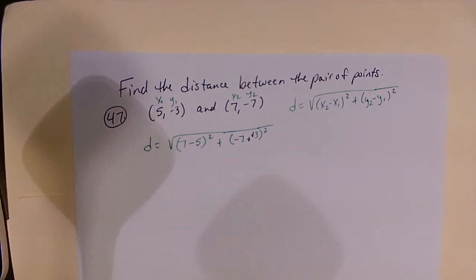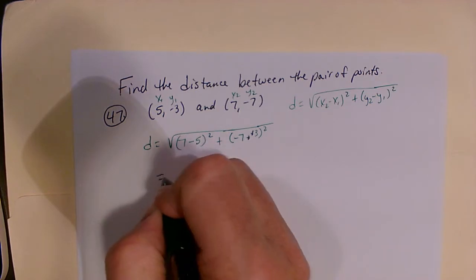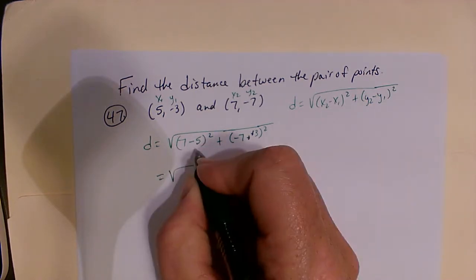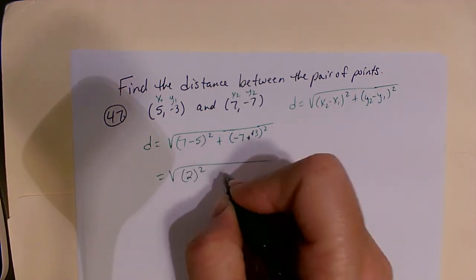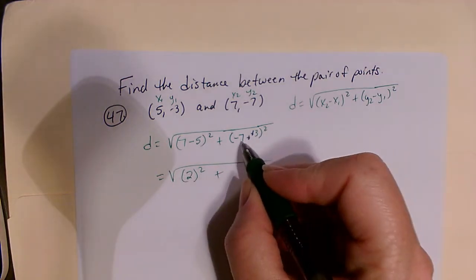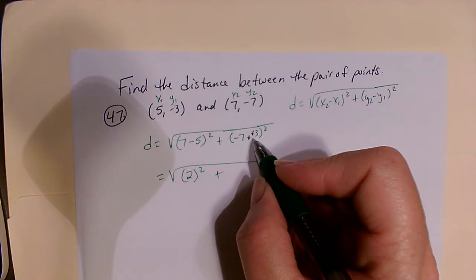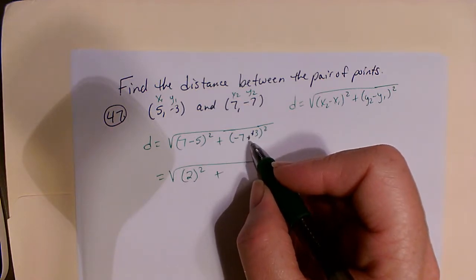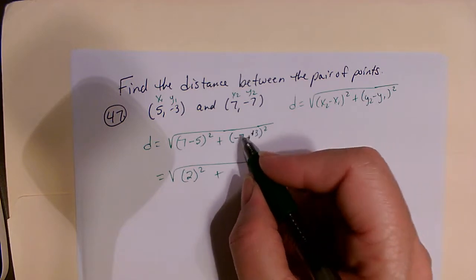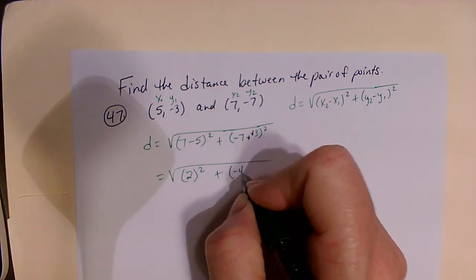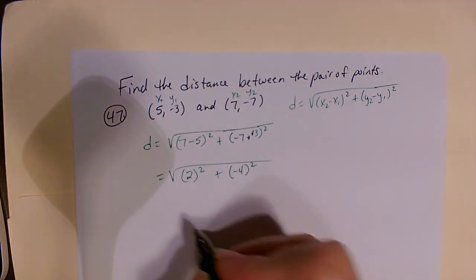So now we have 7 minus 5, which will equal 2 squared, plus -7 plus 3. -7 plus 3, they're opposite signs, so we're going to subtract. Keep the sign of the bigger number. So 7 minus 3 is 4. Keeping the sign will be -4 quantity squared.